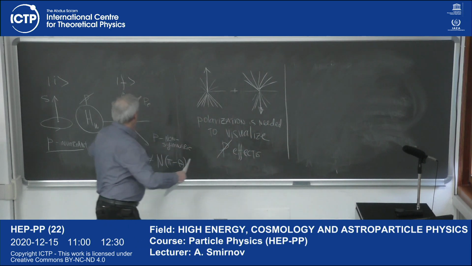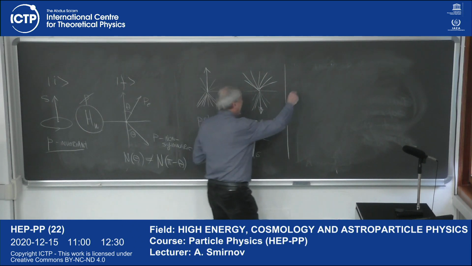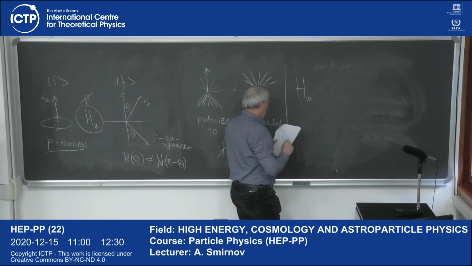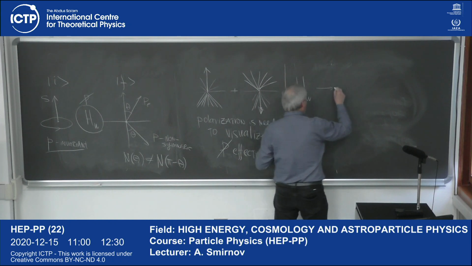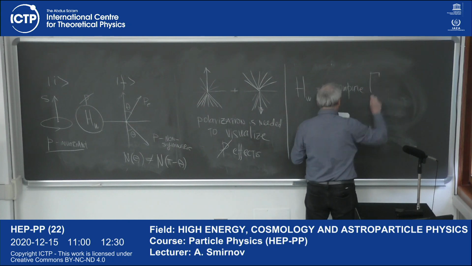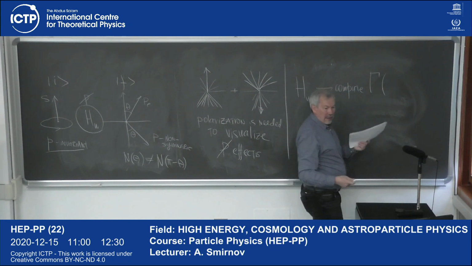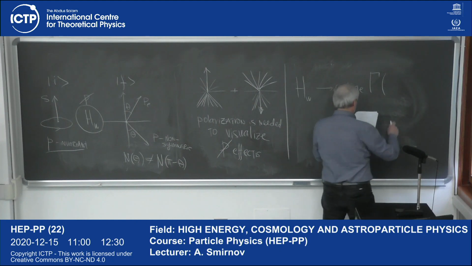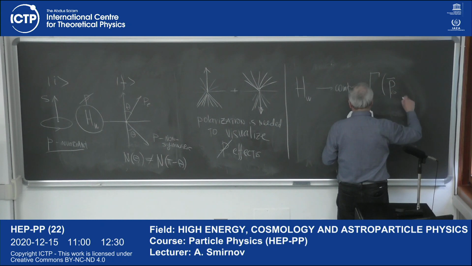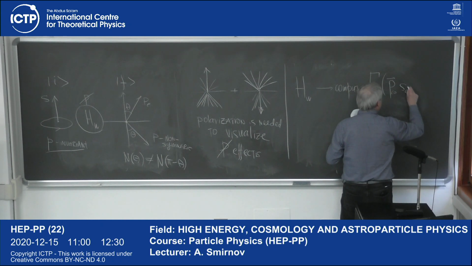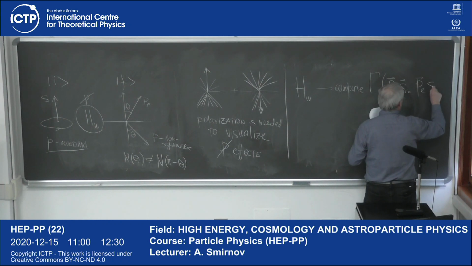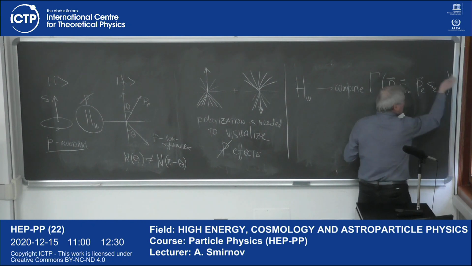So we need to start with some Hamiltonian of weak interactions, and make computations of rate of decay, and it is function of kinematical variables, so it's function of momentum of cobalt, spin of cobalt in general, momentum of electron, spin of electron, and also neutrino.